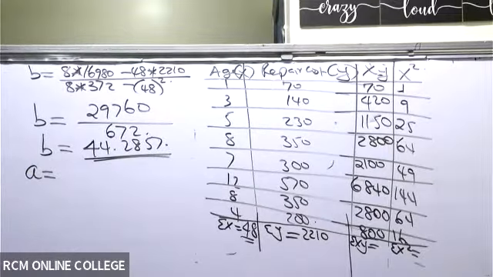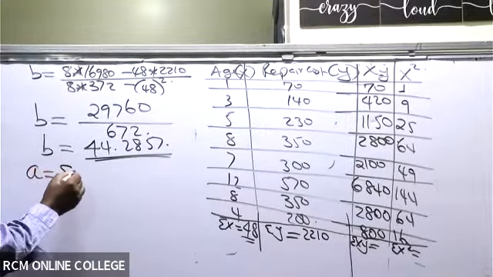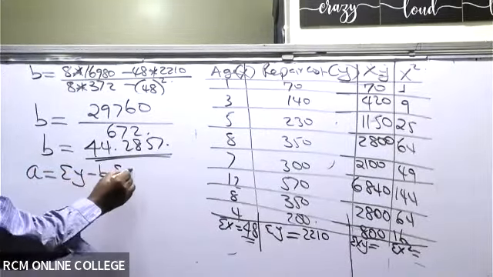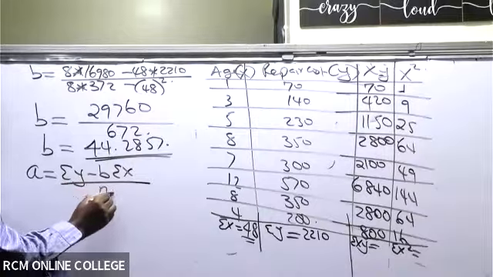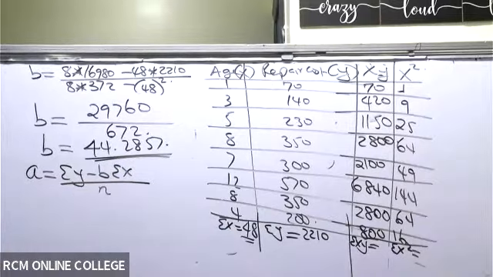To get A, we normally take summation of Y minus B, summation of X, divided by N. So do we have all these parameters? Oh, yes, we do.